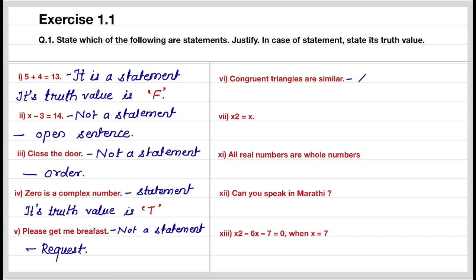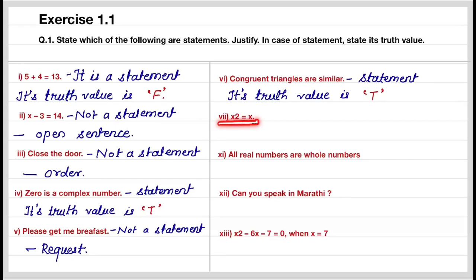So it is a statement. And it is a true statement. So its truth value is T, capital T.